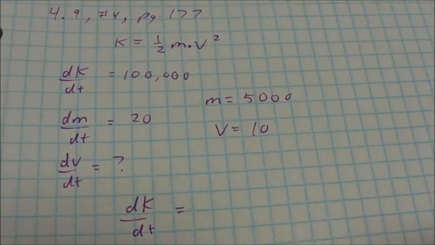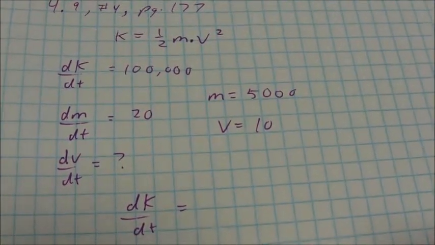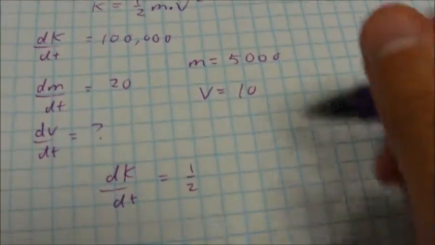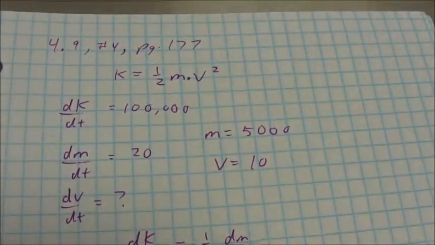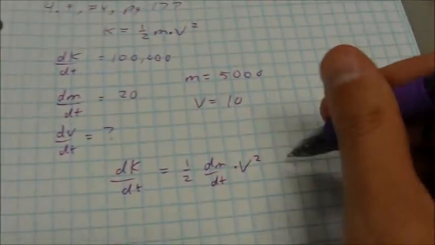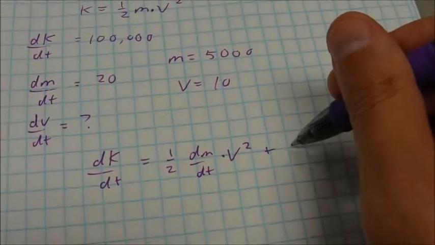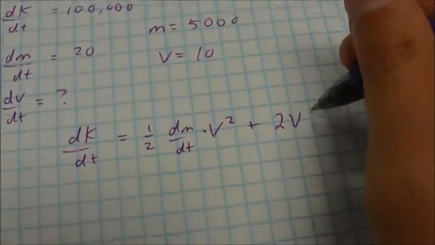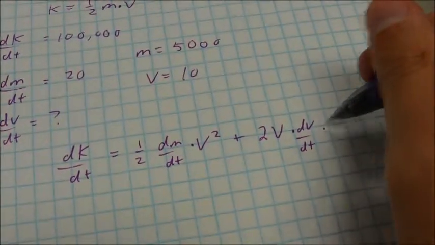Okay, so it's going to be the derivative of the first. That's 1/2 times m, which is just going to be 1/2, times the derivative of the inside function with respect to t, that's dm/dt, times my value of v squared. And product rule says I'm going to add the derivative of the second, that's 2v, times the derivative of the inside function with respect to t, which is going to be dv/dt, times the first, which is 1/2 m.